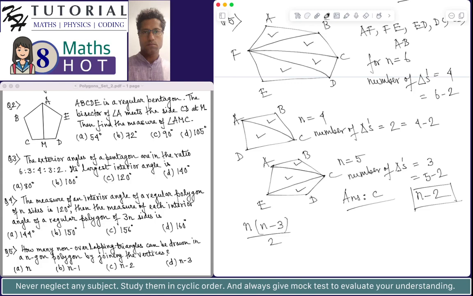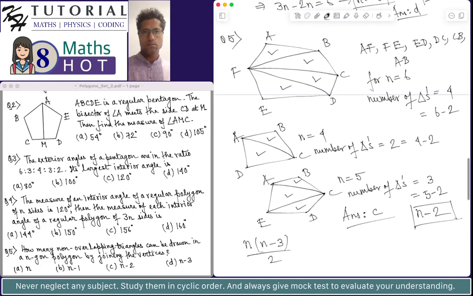I am not sure, I don't know, but that was my initial thought, and I failed to formulate any result of what will be the number of non-overlapping triangles based on the number of diagonals in a polygon of n sides. So I thought about solving this problem using trial and error.